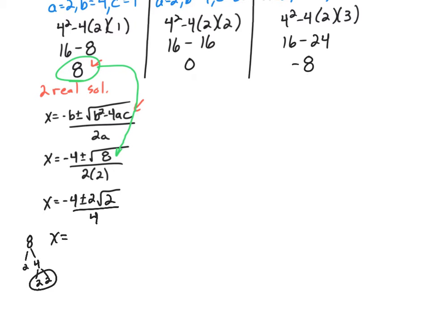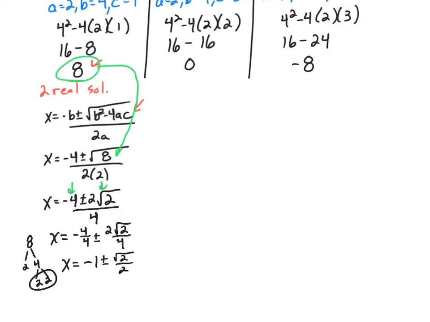So x is equal to, I'm going to put both of my parts in my numerator, the negative 4 and the 2 root 2, over the denominator individually. So it gives me negative 4 over 4 plus or minus 2 square root of 2 over 4. And then I'm going to simplify both fractions. So x is equal to negative 1 plus or minus 2 over 4 reduces to 1/2, so 1 square root of 2 over 2, so root 2 over 2.